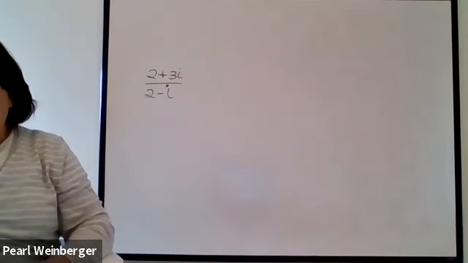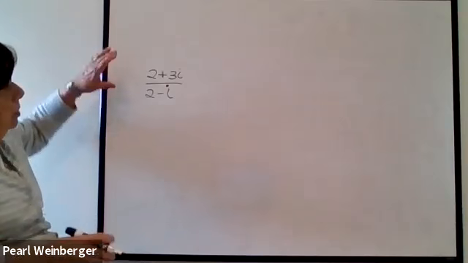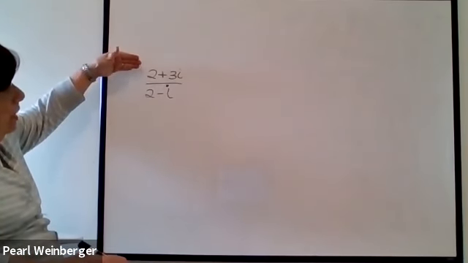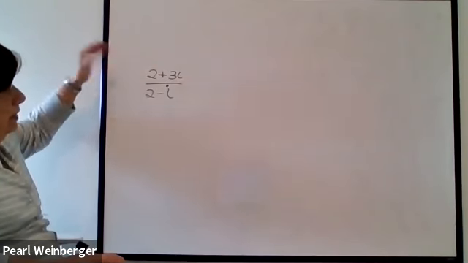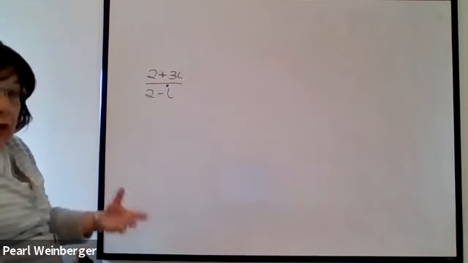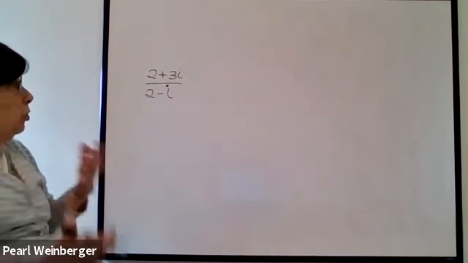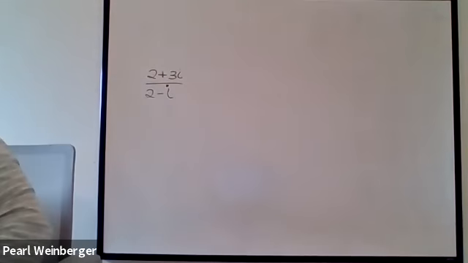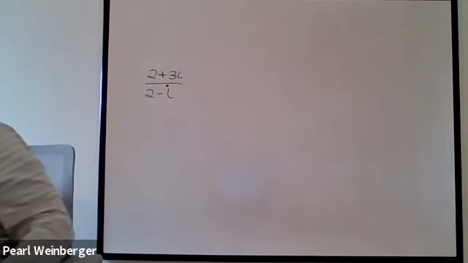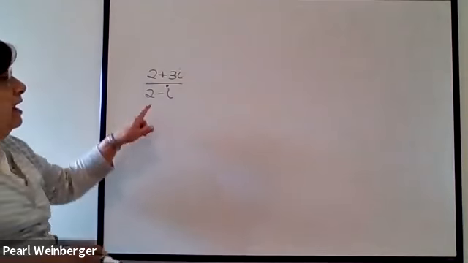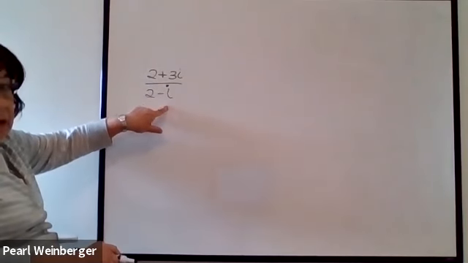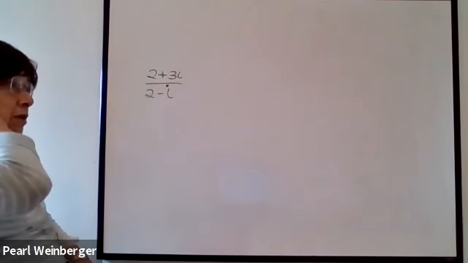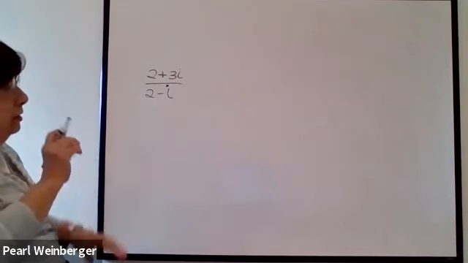What if we had an expression like this? I might say divide 2 plus 3i by 2 minus i, or it might say rationalize the denominator, or it might say simplify. All these mean the same thing in this case. The big problem here is that i in the denominator. Just like we don't want a radical, a square root, in the denominator, we don't want an i in the denominator.